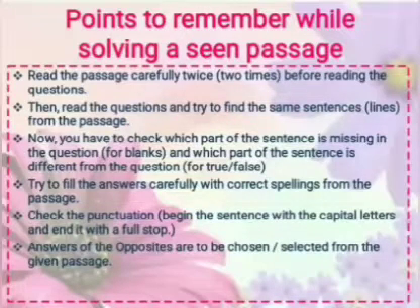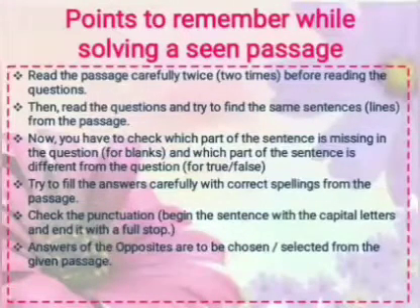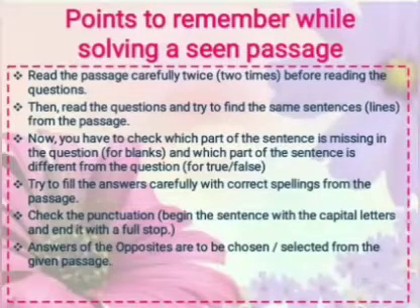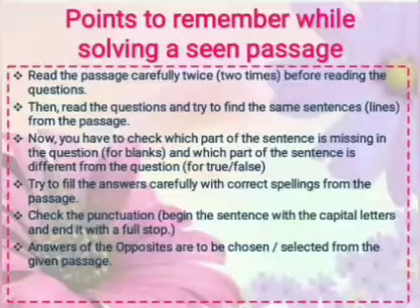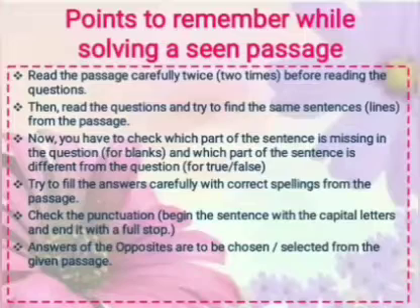But if the word beautiful is not given in your passage, then what will you write? Then you will find a word in the passage which has the same meaning as beautiful. For example, if the word pretty is written in the passage, then for your answer, you will write pretty. Ugly, pretty is going to be your answer.